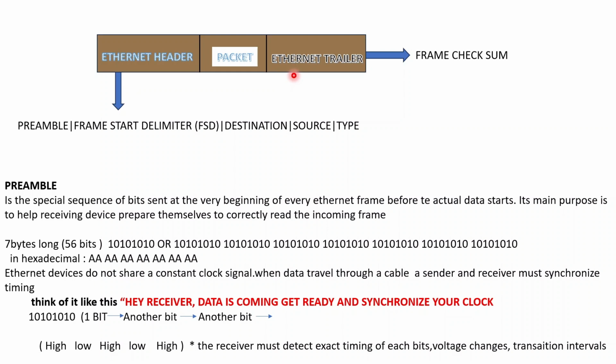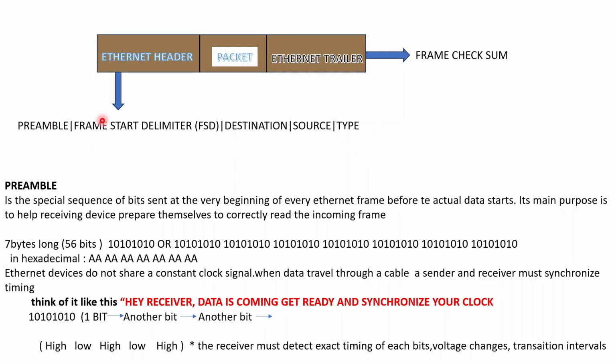Now, the Ethernet header, as we said, ni part ambayo inakuwa contained katika Ethernet frame ambayo inakuwa created katika layer 2 ya OSI model. This field contains the preamble, the frame start delimiter, the destination MAC address, the source MAC address pamoja na type.